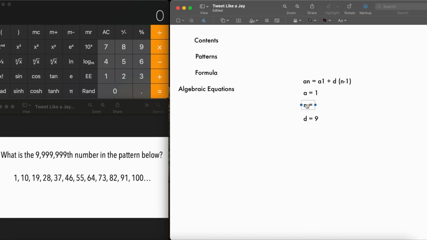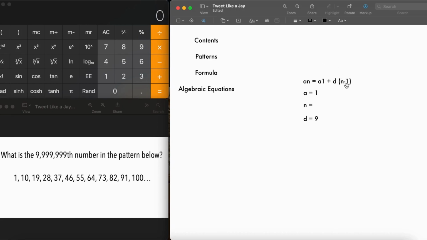So we pretty much have A_N here. A_1 means 1, plus D, that's 9, that's 10.